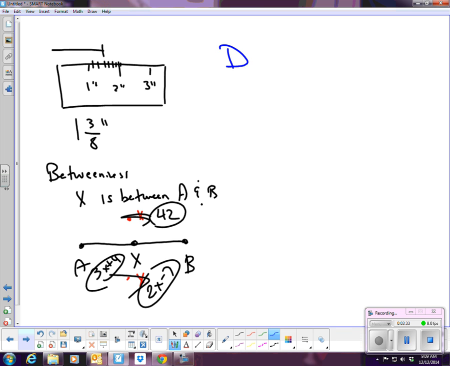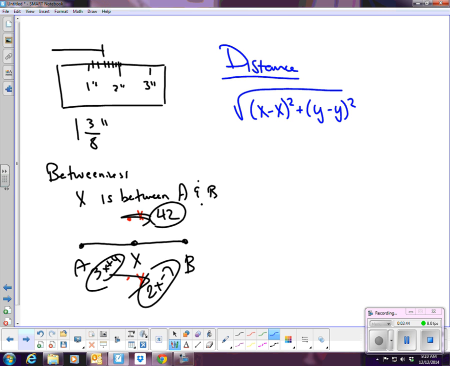Distance formula is a big one. I will give it to you on the test, but you've got to be able to use it. So if I said, what's the distance between -2, 2 and 3, -6, you've got to figure out that distance.